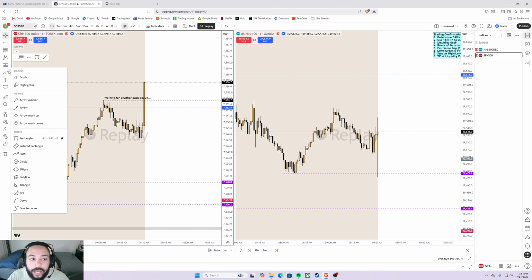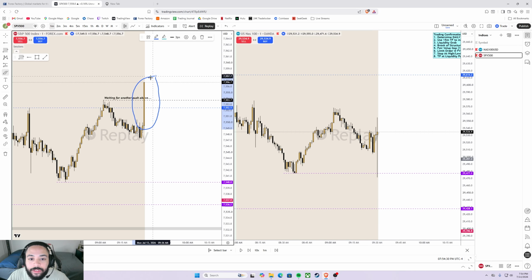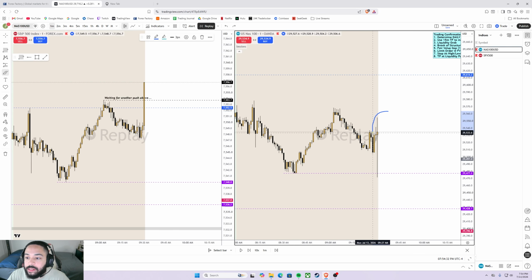So you can see at 8:30 open, this is the massive move that happens up. Whereas for Nas, you see a wick, you see a doji, right? And you see that this wick clears this liquidity down here. So you can pretty much erase that.